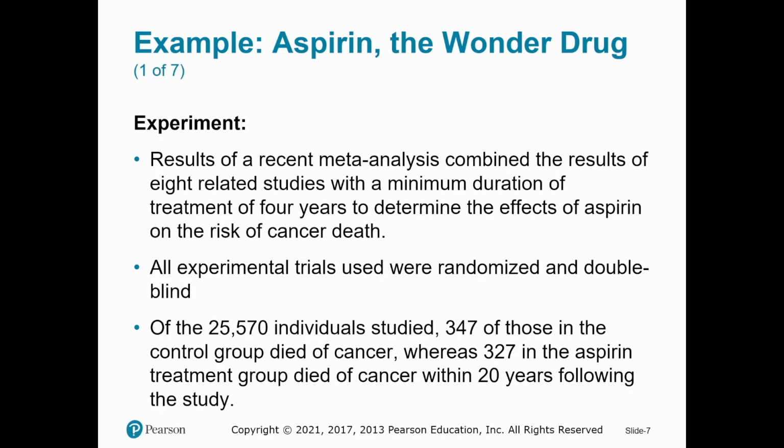Now, the meta-analysis is an important idea. A meta-analysis is where we combine the results of many different studies, 8 in this case, and it's very sophisticated. A meta-analysis is not something that the typical college student can do.